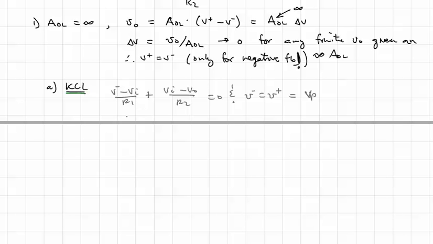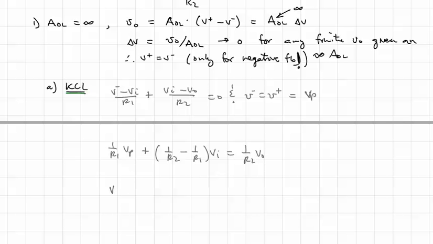So now we just do some algebra, and we'll have 1 over R1 VP plus 1 over R2 minus 1 over R1 VI, and that is going to be equal to 1 over R2 VO.